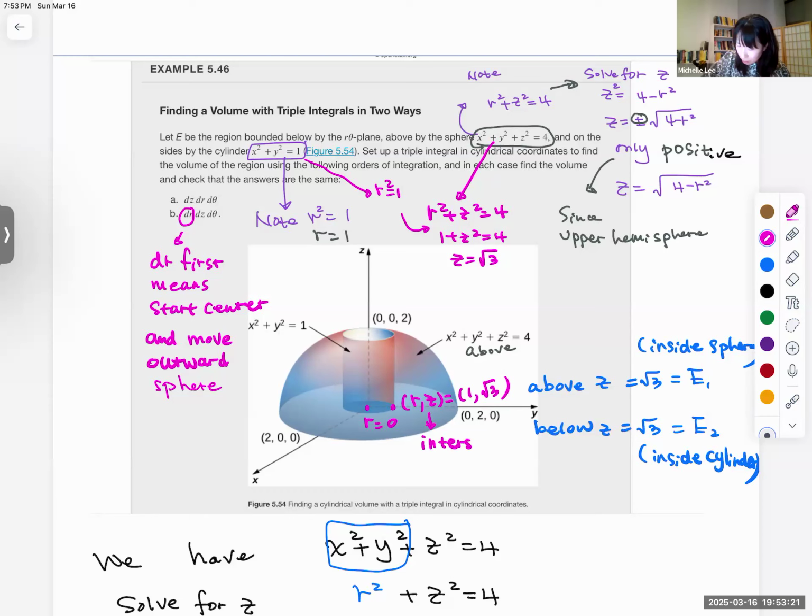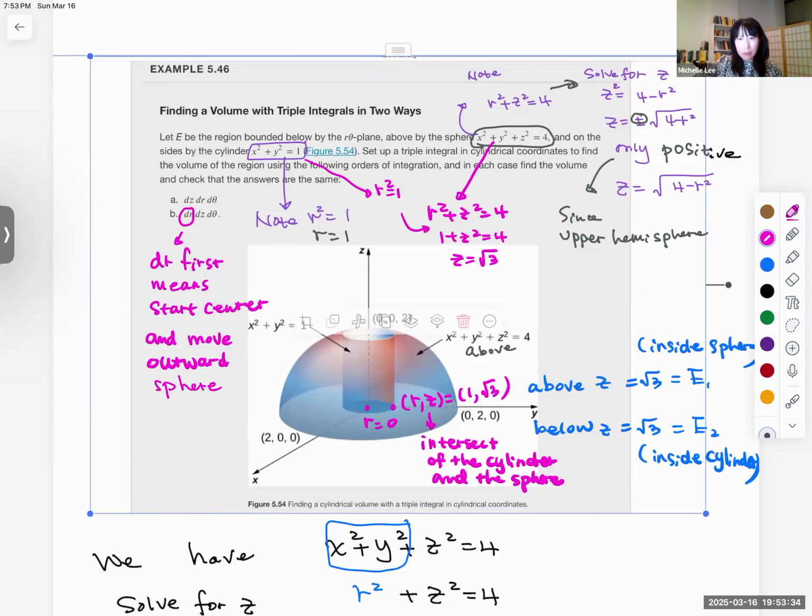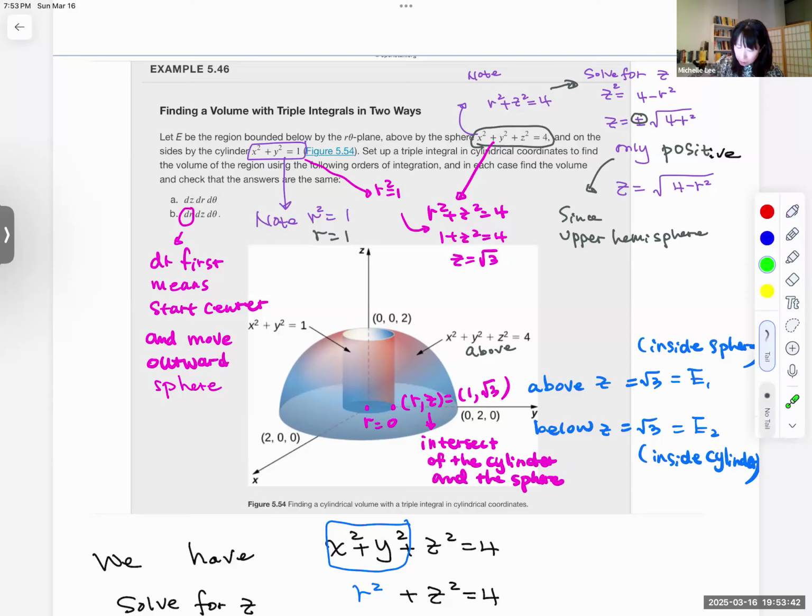Intersect the cylinder and the sphere. Okay, so in general, if we indicate the z itself, right? So we start with z equals 0, z equals 1. Oh, in case 2, z equals 1, z equals 2, right?